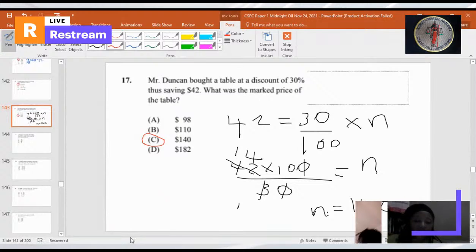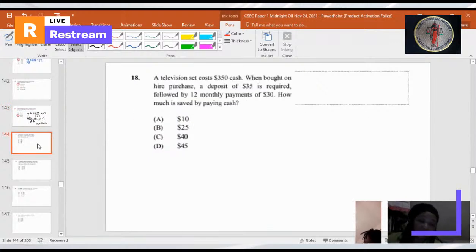So if they had asked how much did he pay, then we would take the $42 from the 140, and that would have given us $98, right? You understand? So be careful. Read your questions carefully.